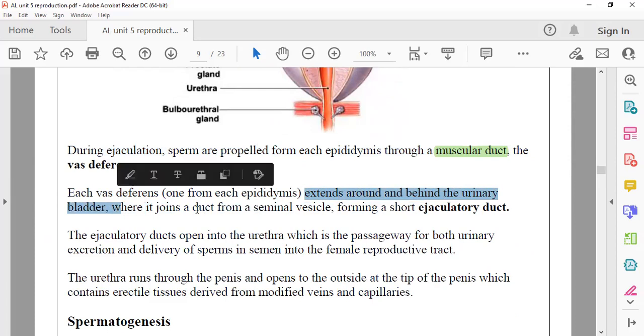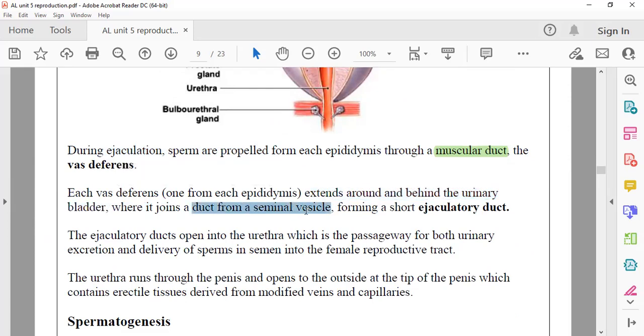Behind the urinary bladder, it joins the duct from the seminal vesicle. Those two together will form the ejaculatory duct. The ejaculatory duct will open into the urethra. The urethra is a common passage for urinary excretion and delivery of sperms.